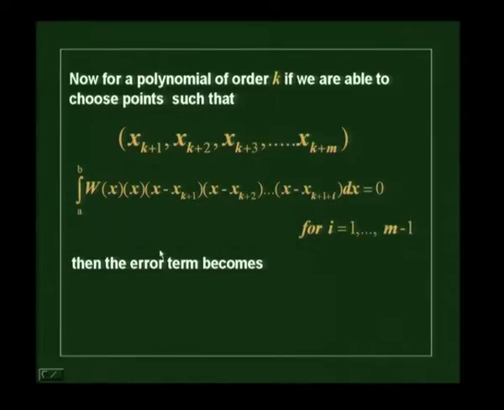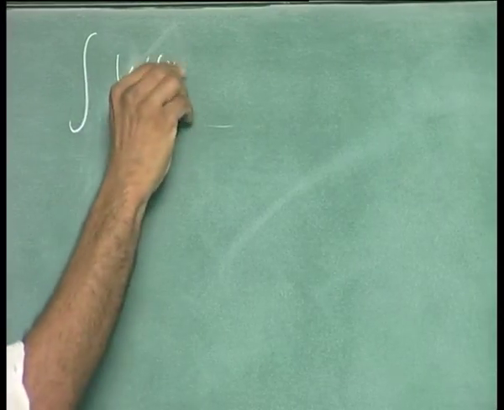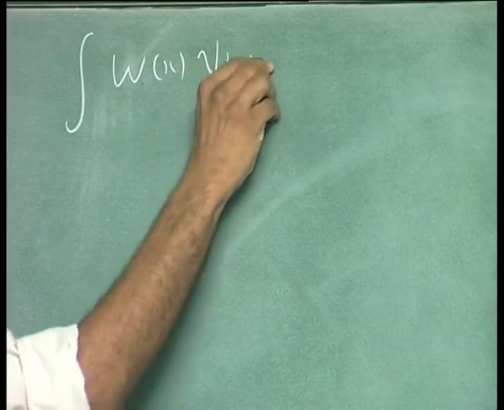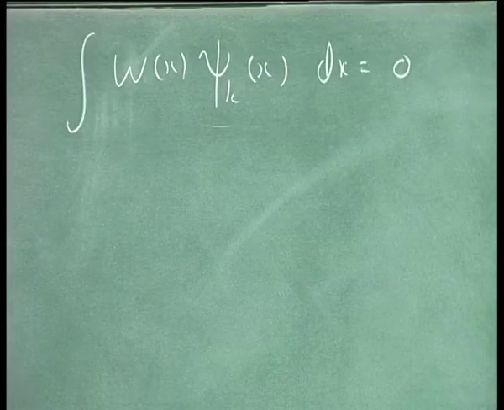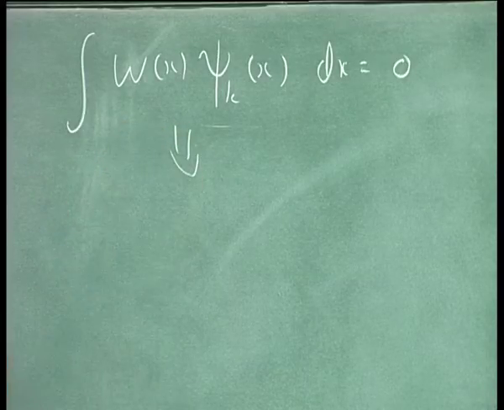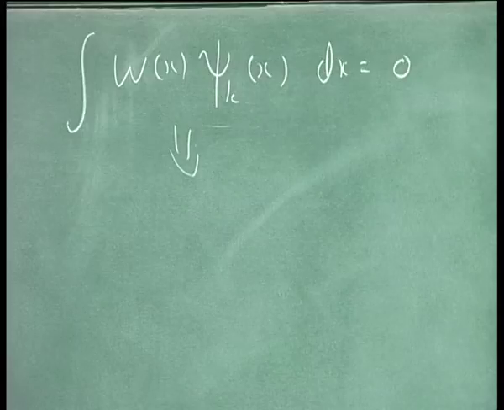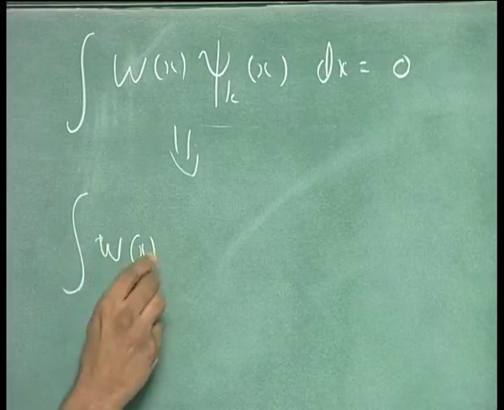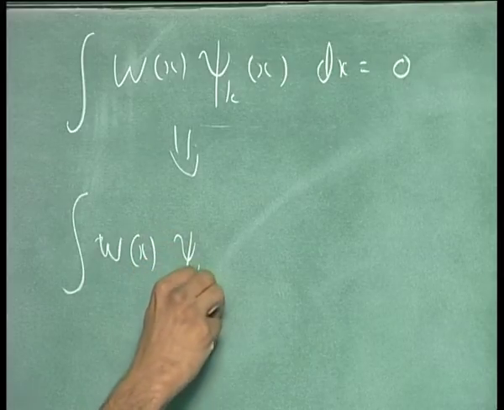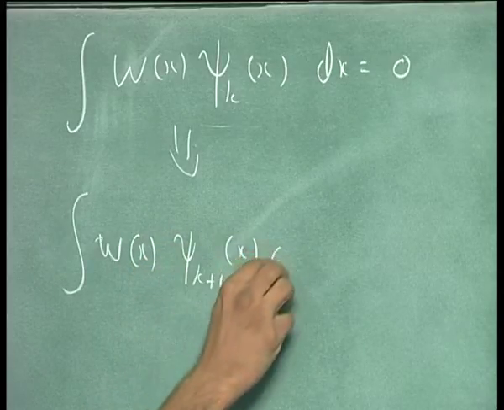So, now we choose this function such that we had w of x psi k of x dx equal to 0. That led to our choosing a new point k plus 1, and then evaluating the error as w of x psi k plus 1 of x dx.